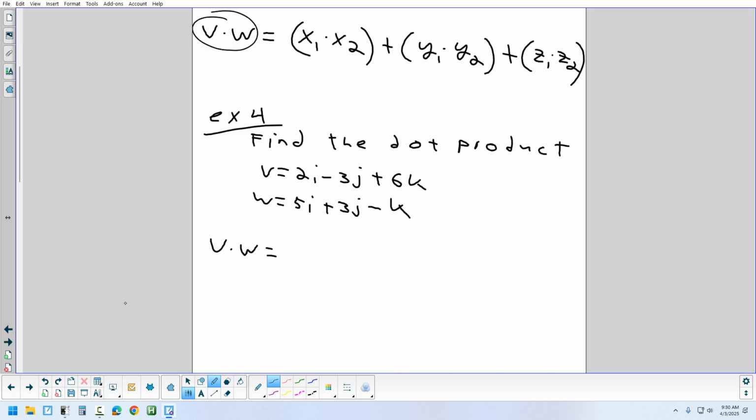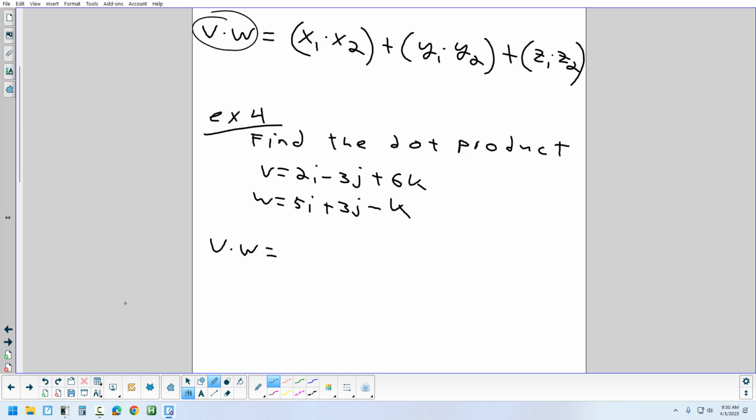Okay. So let's find the dot product between those two vectors. Amaya, what's going to be the first part of my calculation to get the dot product between those two? 5 times 2. Yeah, let's just write it as 2 times 5 to follow the pattern.